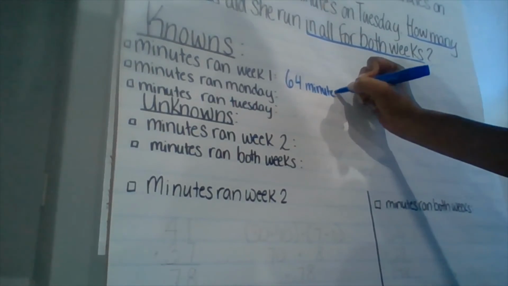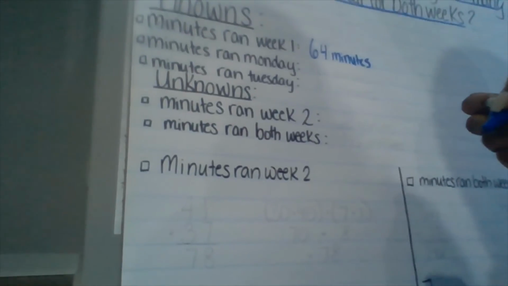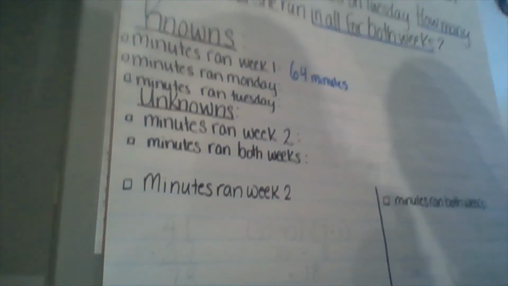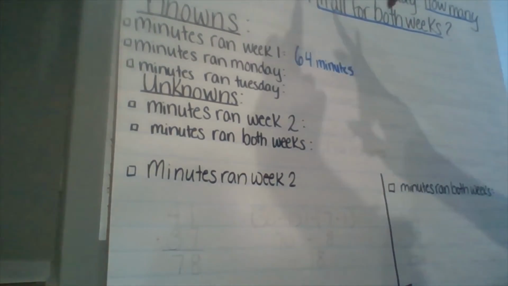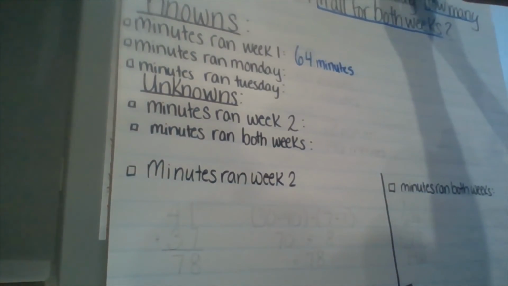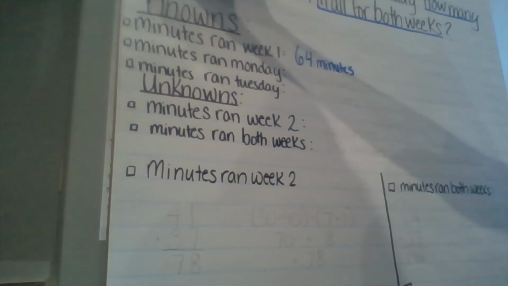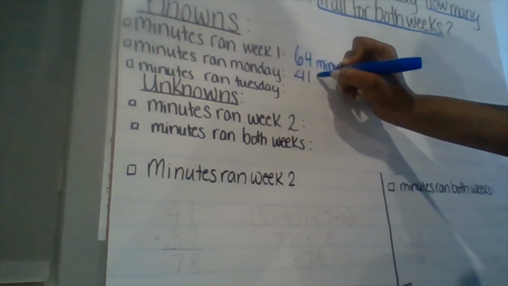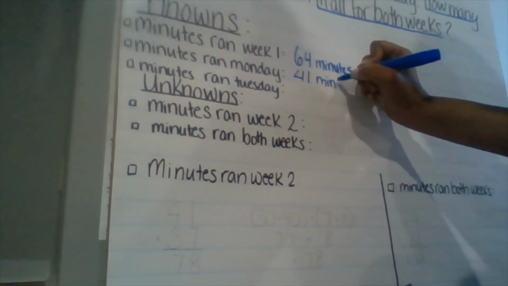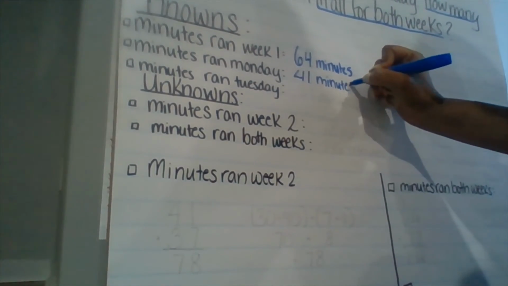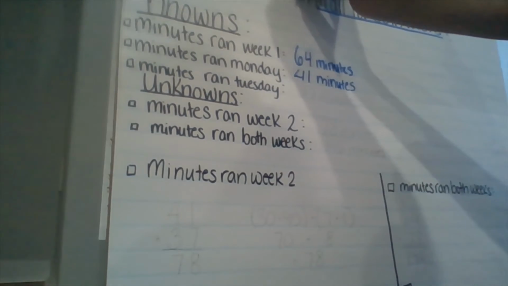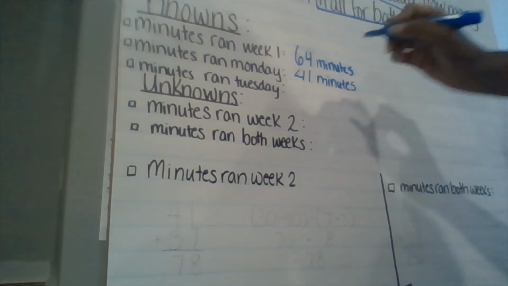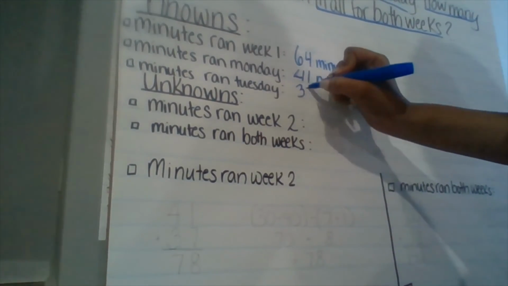This was our known from part A. We also know how many minutes she ran on Monday. Jennie ran 41 minutes on Monday. So we're going to fill in that known, 41 minutes. And she ran 37 minutes on Tuesday. So that's another known, 37 minutes.